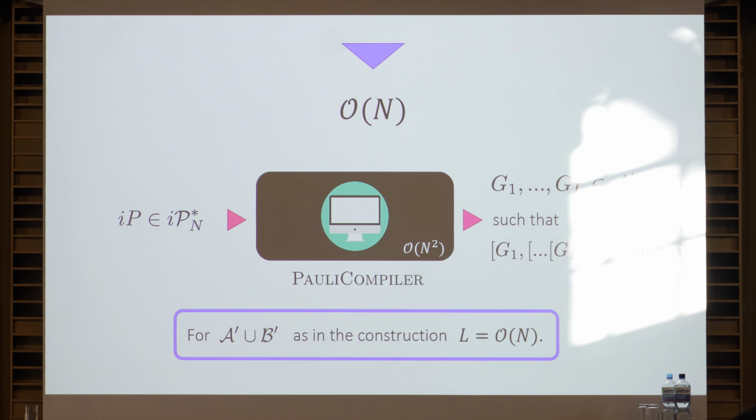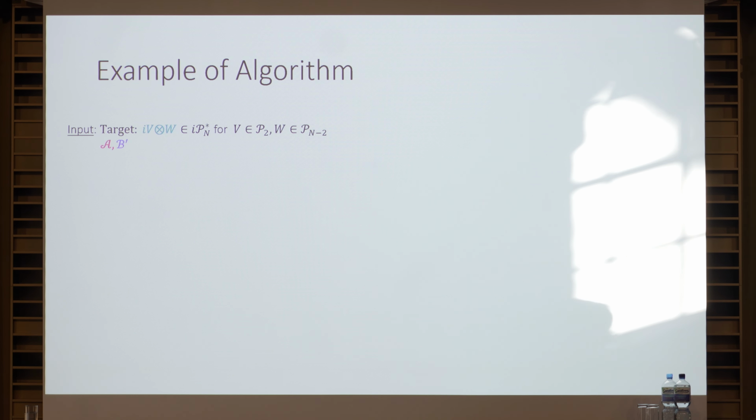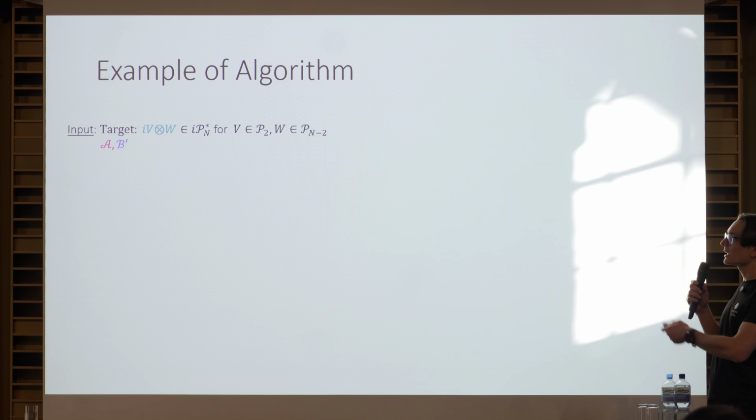Okay, and now I would like to give an example of how this algorithm works. This does neglect some edge cases that the algorithm has to handle, of course, but it captures the idea of how it works. And you will see, it's all about the specific construction we chose. So we start, as I said, with the input, which is our target Pauli.